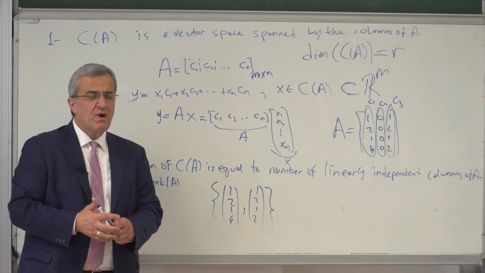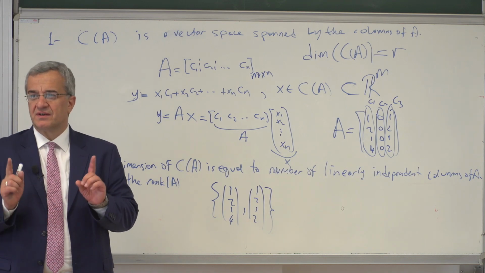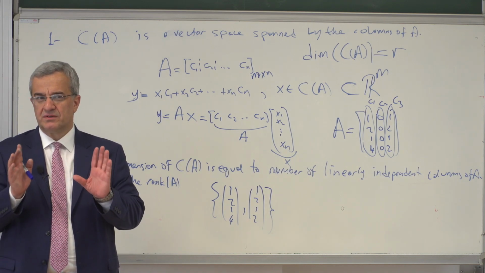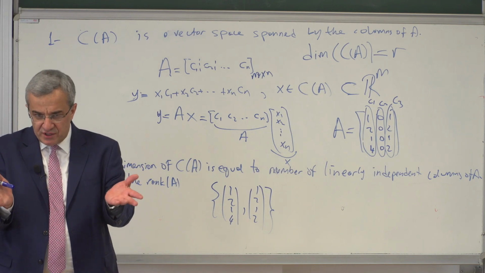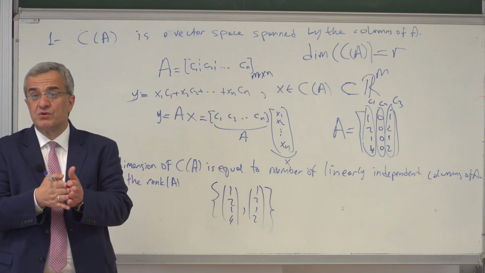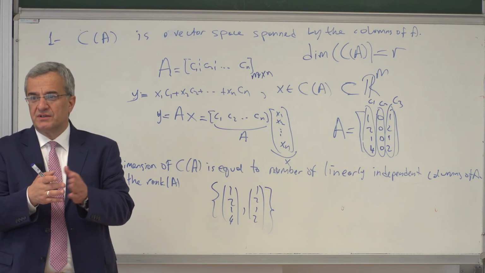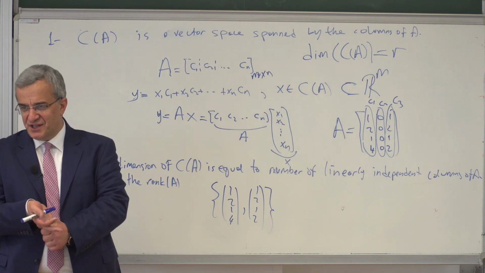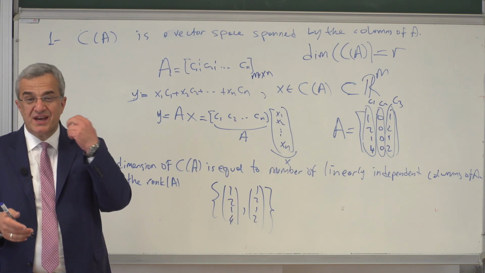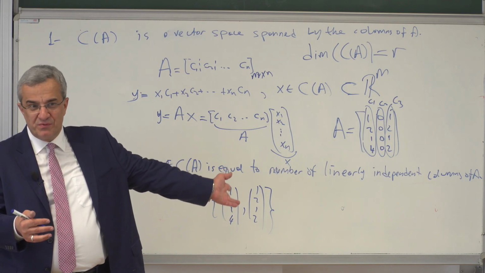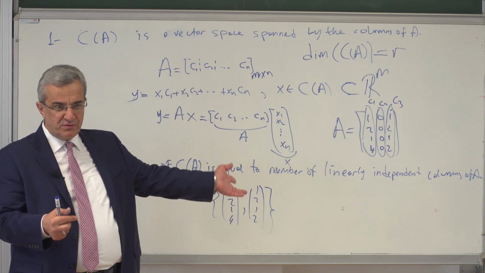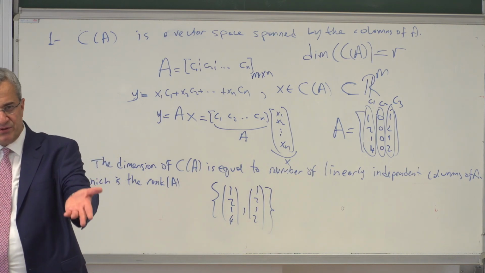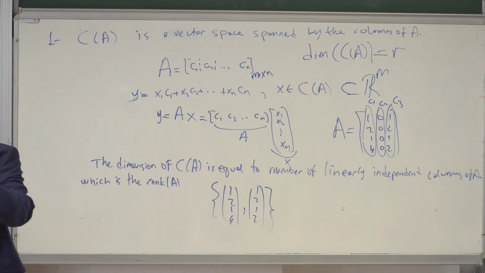Why is it a basis? Of course, linearly independent, yes. They span the subspace and they are linearly independent. Therefore, they are equal to R, right? The number of spanning vectors, if they are equal to R, they are also linearly independent. So all these things are equivalent.